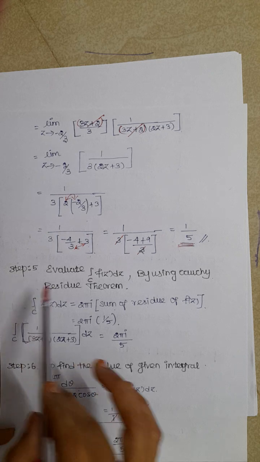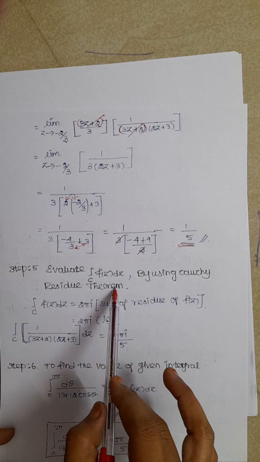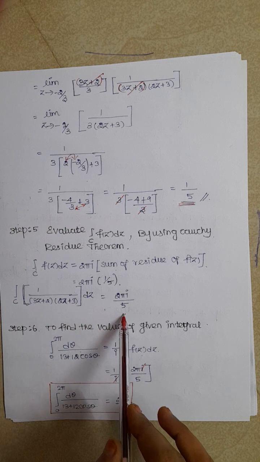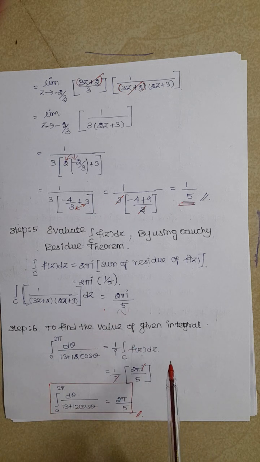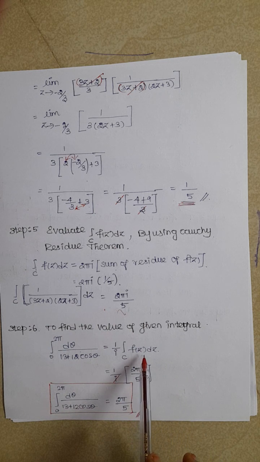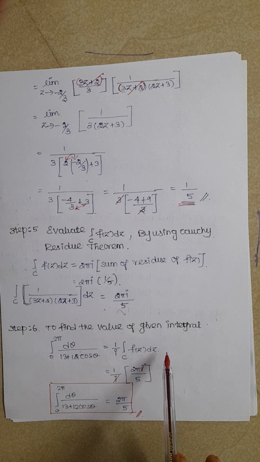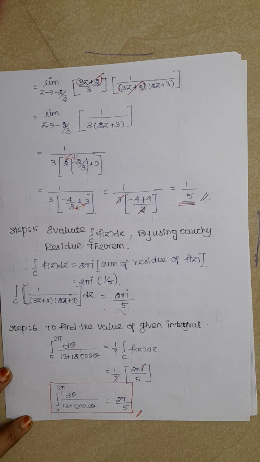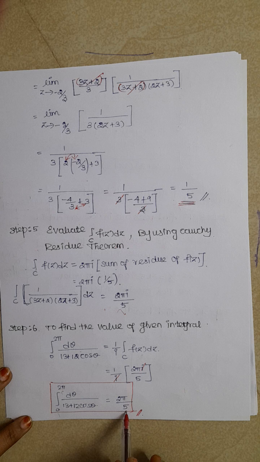Next, step number 4, evaluate the given integration by using the Cauchy residue theorem. We get the answer 2 pi by 5. So the given integral from 0 to 2 pi of d theta divided by 13 plus 12 cos theta is equal to 2 pi by 5.